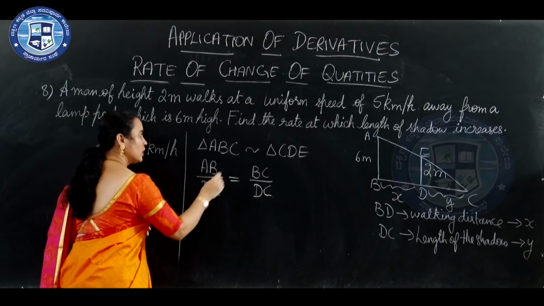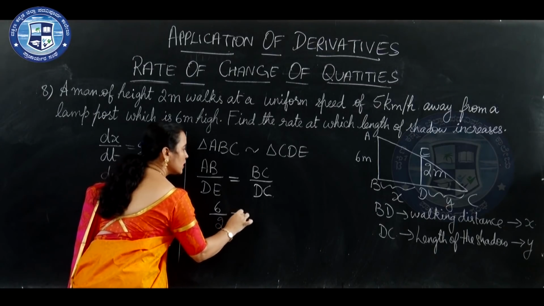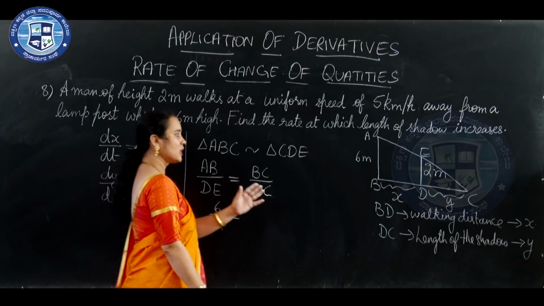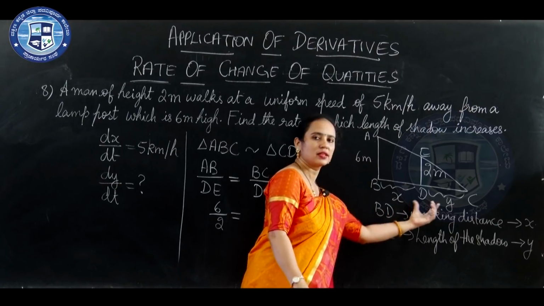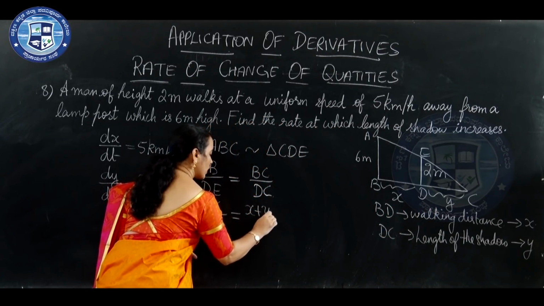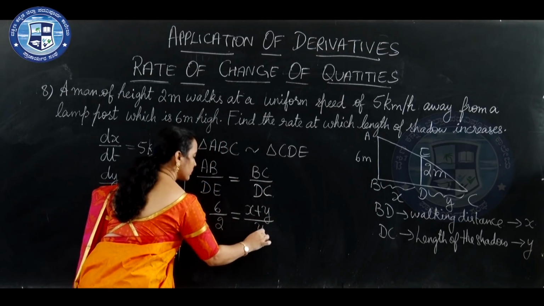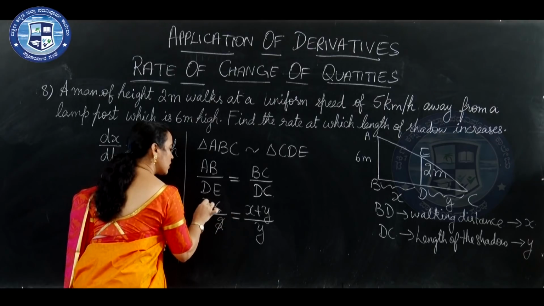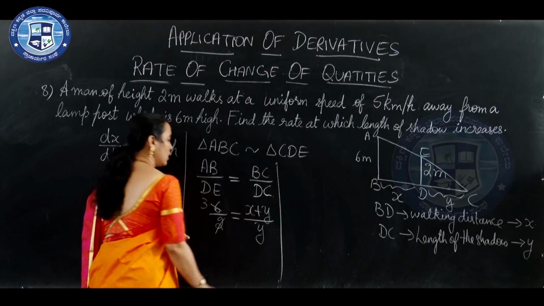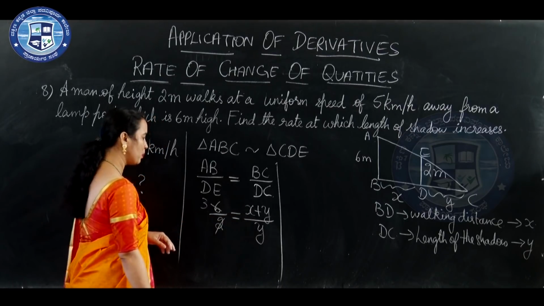Now AB is given, it's 6, DE is 2, equal to BC. This entire length is x plus y. So write here x plus y upon DC, which is y. Simplify this. So you will be getting 3 is equal to x plus y by y.